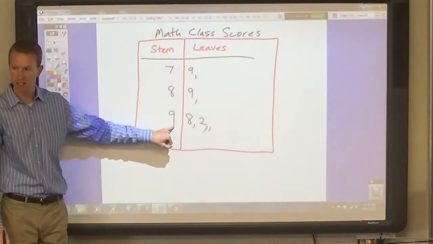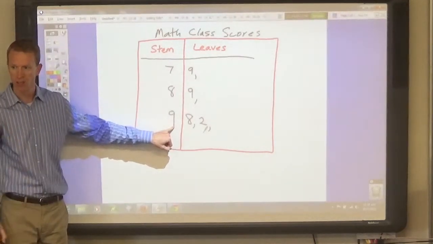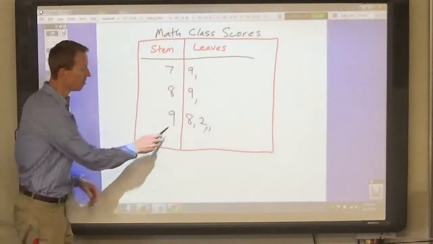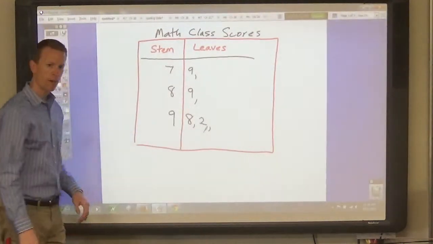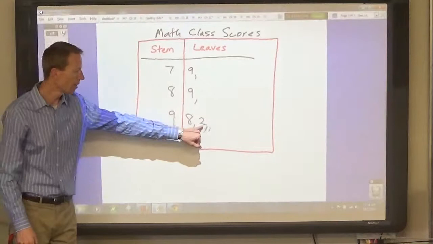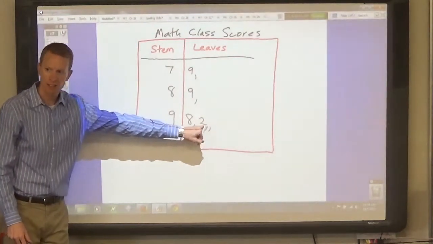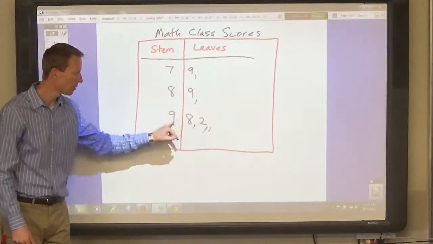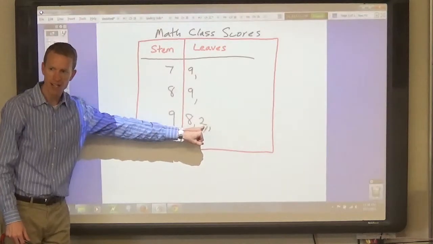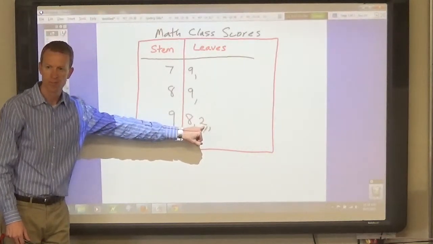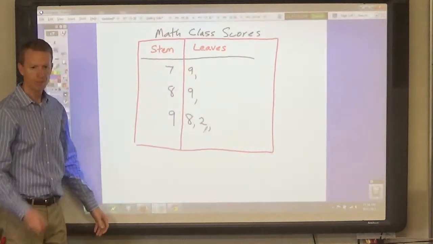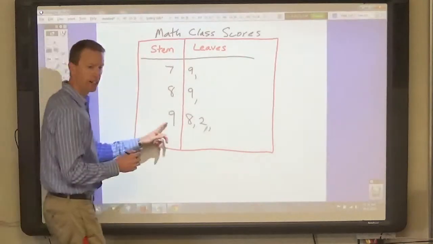No, the 9 is the stem. That's the first number. So this 9 and 2 refers to the number 92. We can look at the 2, and because its stem is 9, we know that the value is 92. Okay? Next. 93.